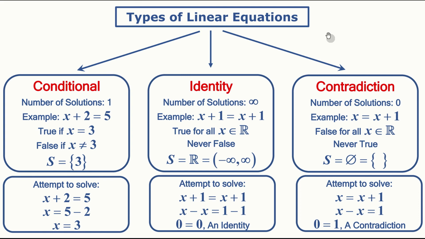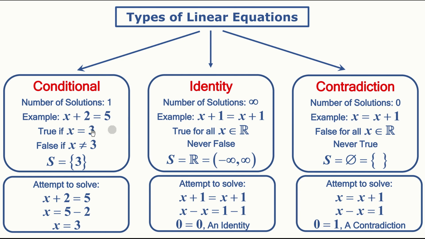Okay, next we would like to go ahead and categorize all linear equations in one variable. As it turns out, they break into 3 distinct groups. The kind of equation we've been solving so far with only one solution is just one of the types of linear equations that are possible. Those are called conditionals, such as this nice simple equation, x plus 2 equals 5.